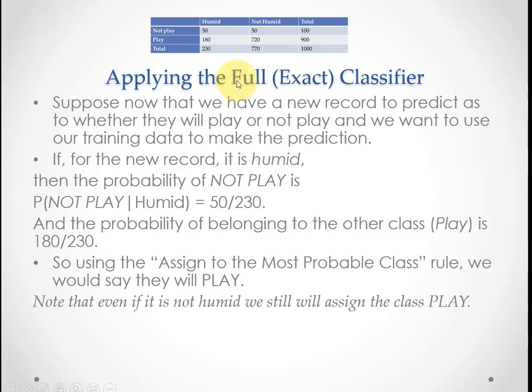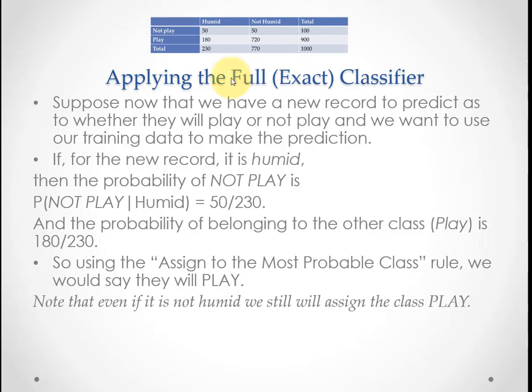However, in this case, note that even if it's not humid, we're still going to have 50 out of 770 for not play and 720 out of 770 for play. So we're still going to predict play. So whether it's humid or not humid, we're going to predict play. And that actually corresponds to what we would do with the naive rule, or what we call 0R.